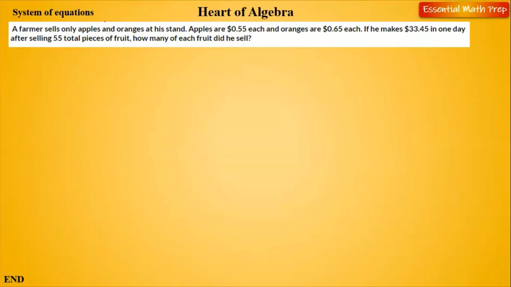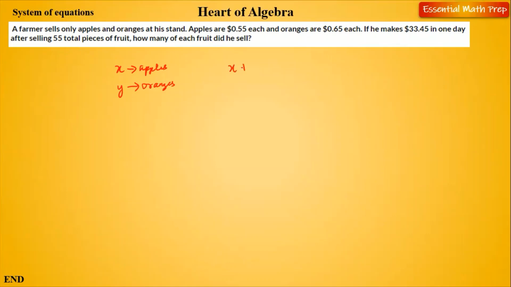So let's say X corresponds to apples, because this is the variable, not the amount. Again, how much he sells or what the price is, is not the variable. The variable itself is apples and oranges. So Y corresponds to oranges. So we have two quantities here. One is the total pieces, which is physical count, and then the other is the price.